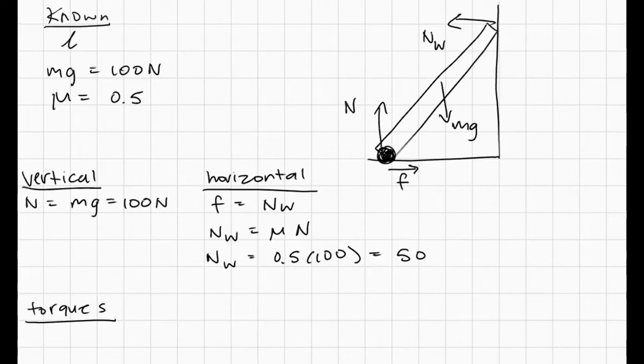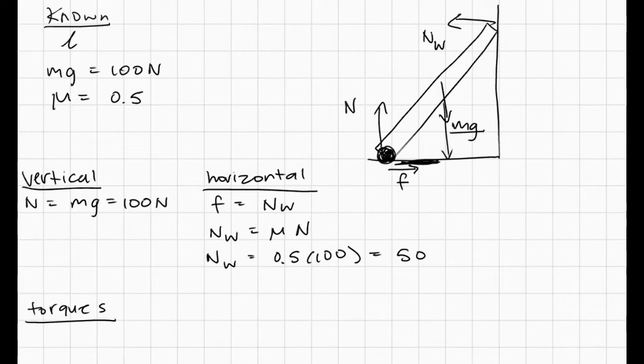So first of all, we can figure out the torque for mg, the weight. We know that this has to be perpendicular to the pivot point, so if we extended the force like this, we can see that this area is the perpendicular distance.